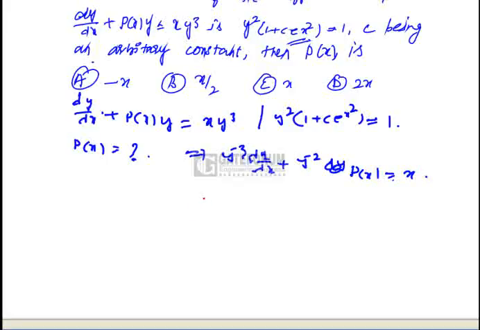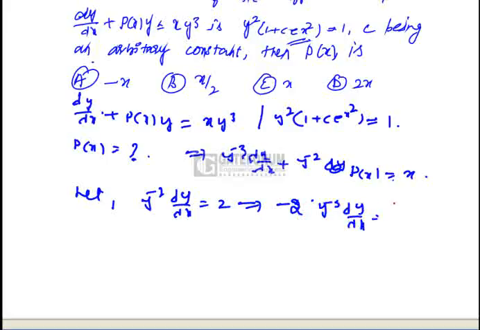Now, again, to convert it into a first order linear equation, let us consider y^(−2) as some z. If we differentiate, we get −2 y^(−3) dy/dx = dz/dx, so y^(−3) dy/dx equals −1/2 dz/dx.